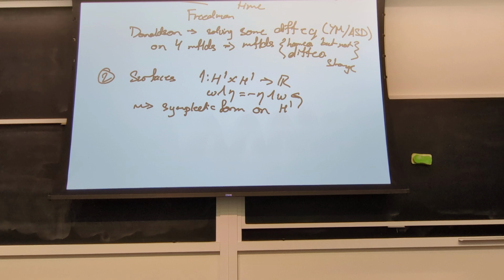which essentially just means it's a bilinear pairing which is antisymmetric. And what happens is, if you look at, there's something called the mapping class group of a surface.